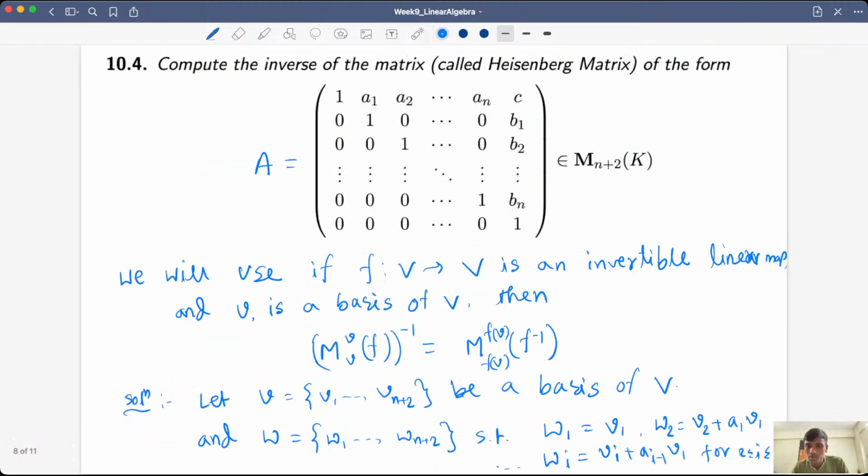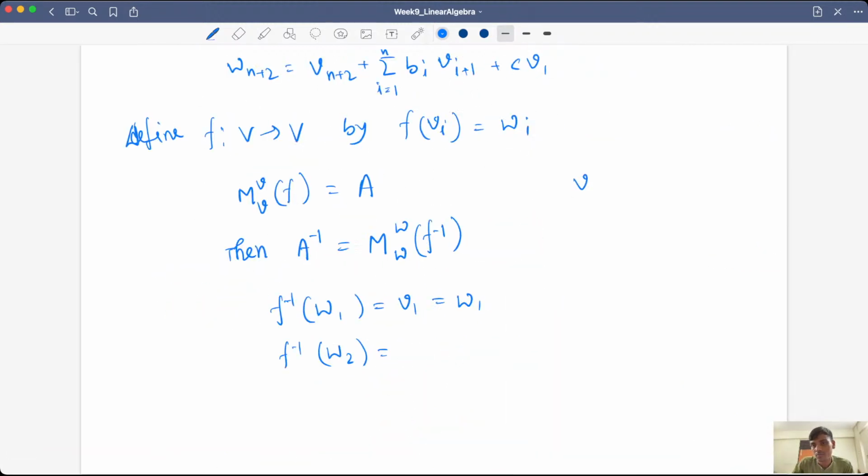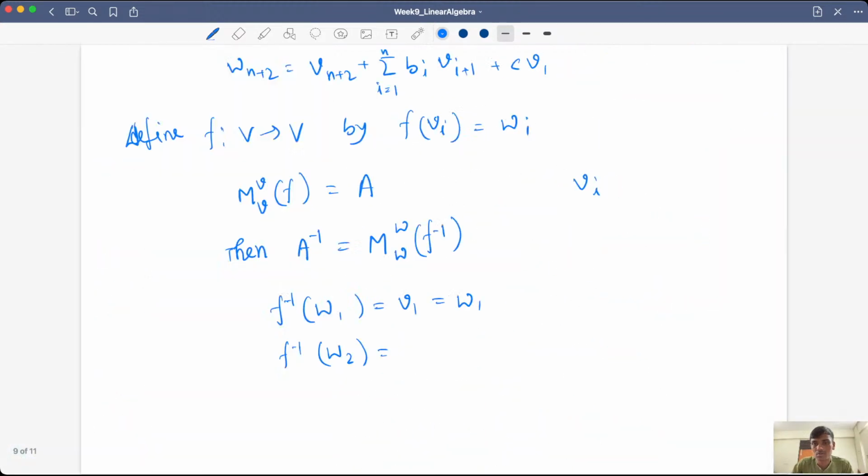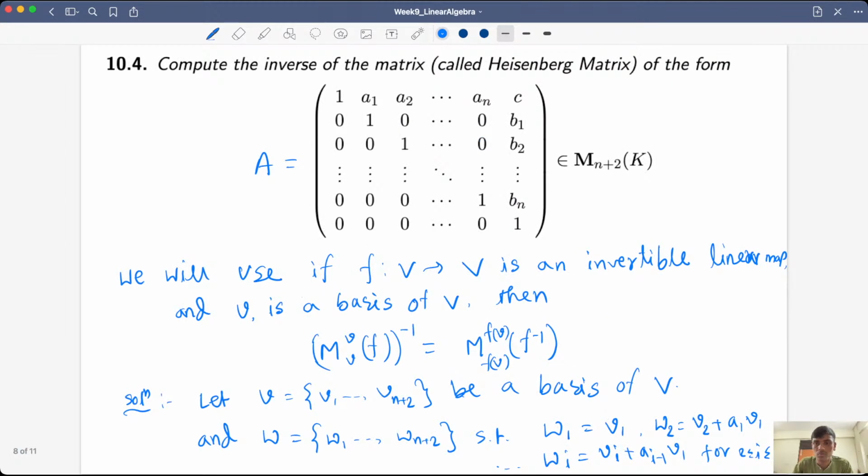So w2 equal to v2. So f of vi equal to wi equal to vi plus ai minus 1 into v1.